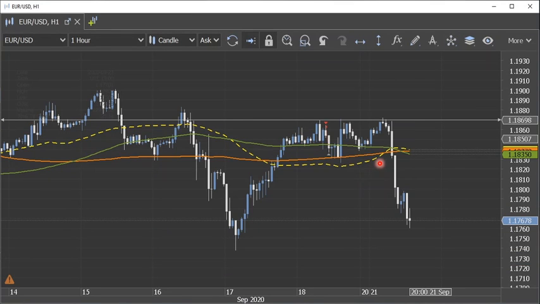And if you want the fresh entry, I would suggest that we target the confluence of 50, 100 and 200 SMA.